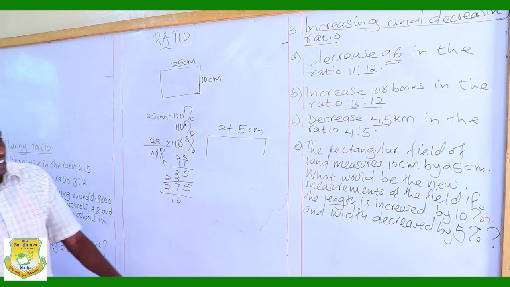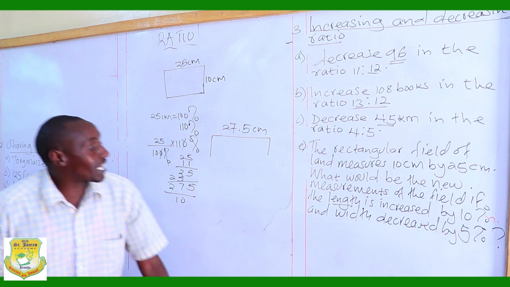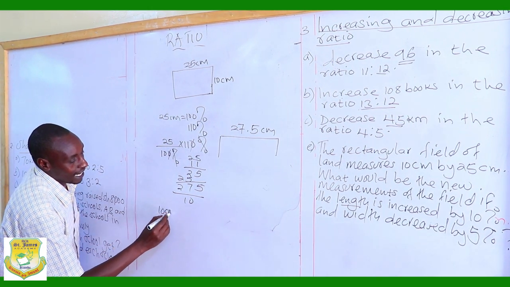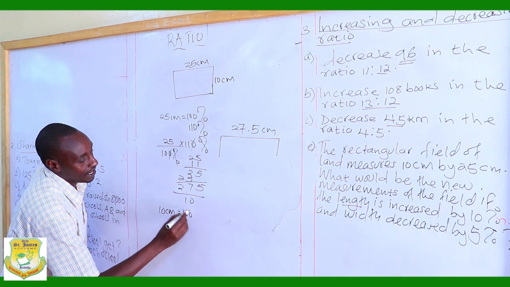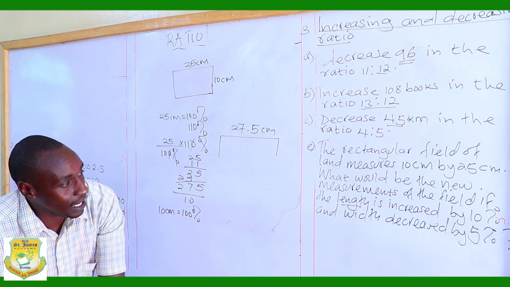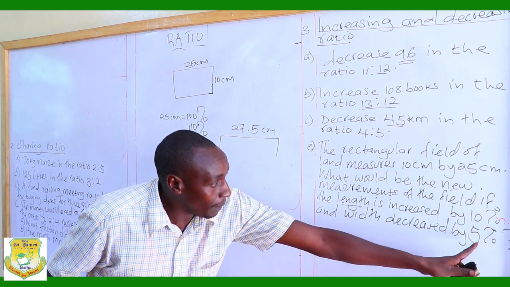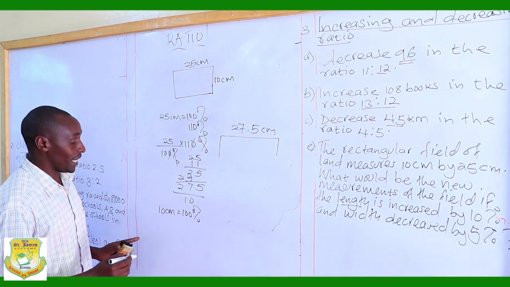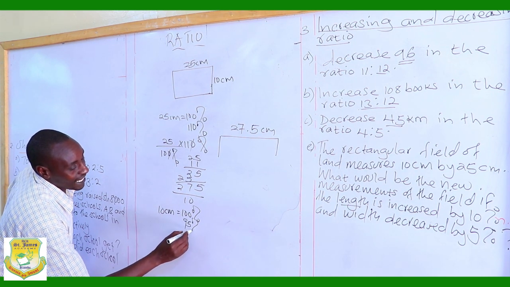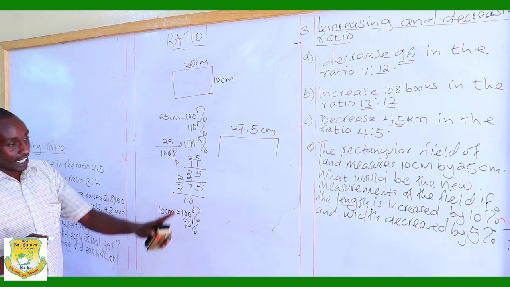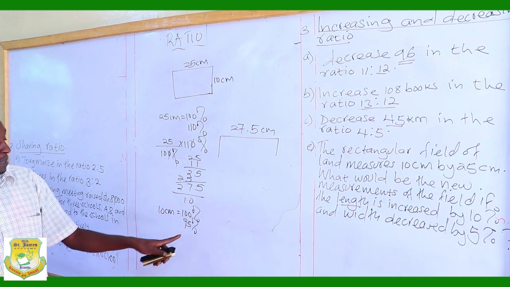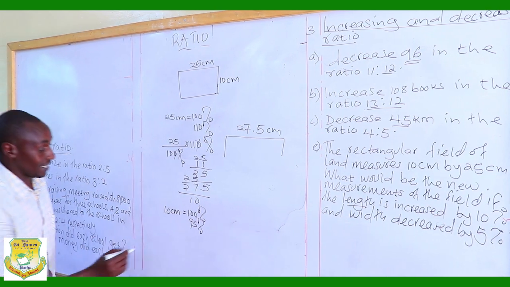We go to the width. We are told the width we decreased by 5%. So I take 10 centimeter is equals to 100%. I'm told I decreased by 5%, meaning the new measurement will be shorter. It will be 95%. I take 100%, I take 5%. I'll be left with 95%.